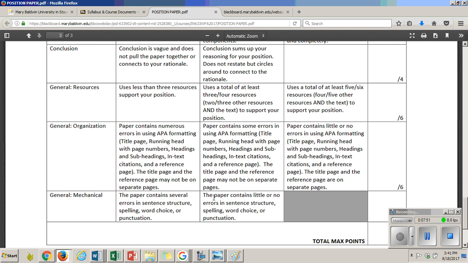So when I talk about this last mechanical part, some things that you can do to check that is to look at your paper and just read the first word of every paragraph. You shouldn't say the same word twice. So in consecutive paragraphs, do not start them with the same word. Likewise, read the first word of every sentence.